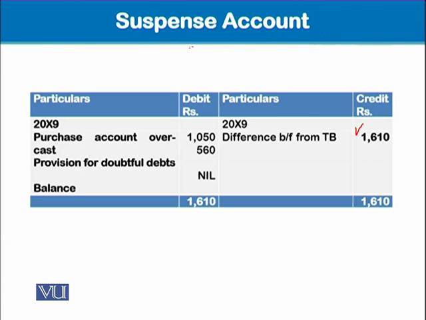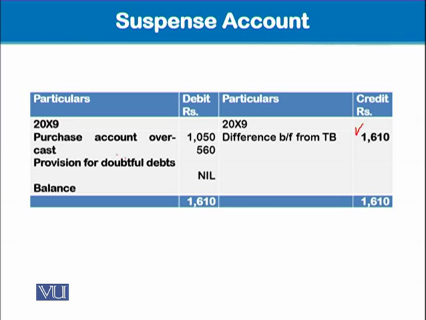This is suspense account, and we have to open this suspense account by bringing forward balance of difference from the trial balance. If this balance is appearing in the credit side of the trial balance, it means that it is a credit balance. So it will be opened in the suspense account, putting this in the credit side, and vice versa.